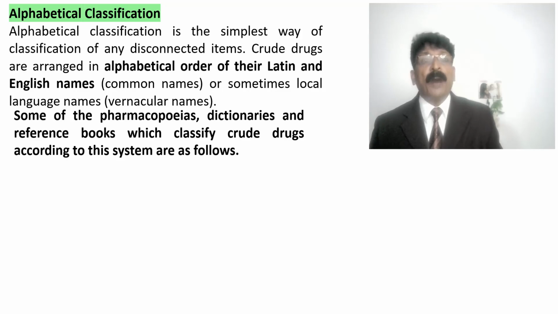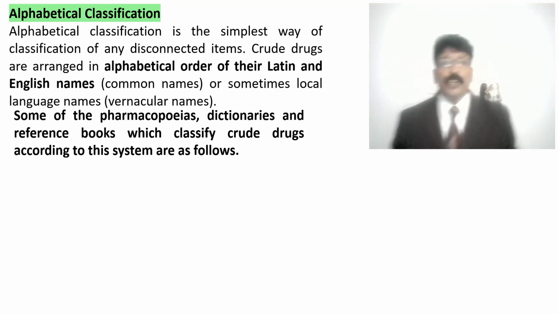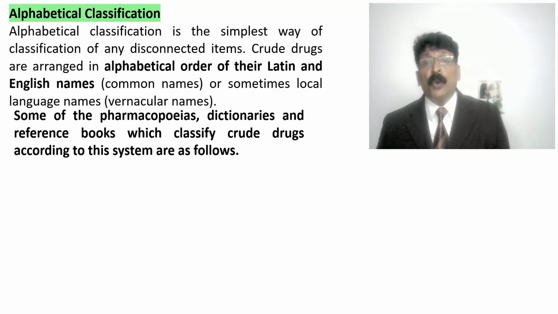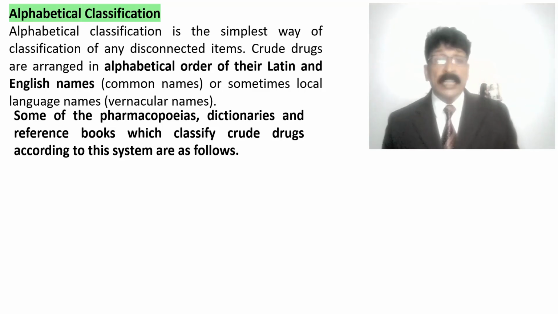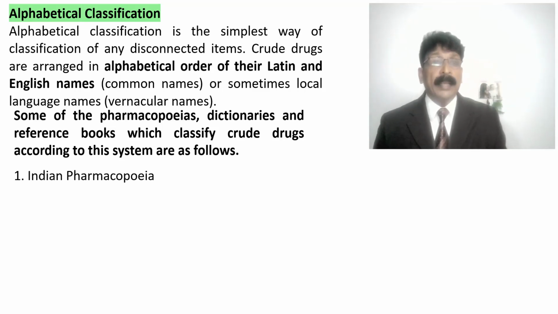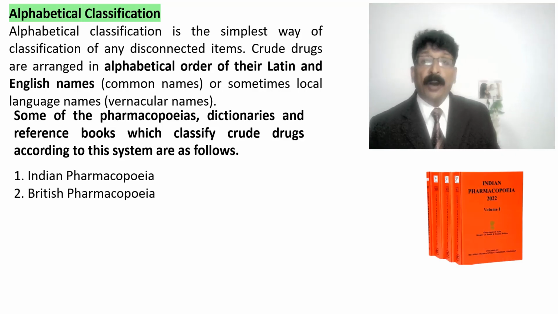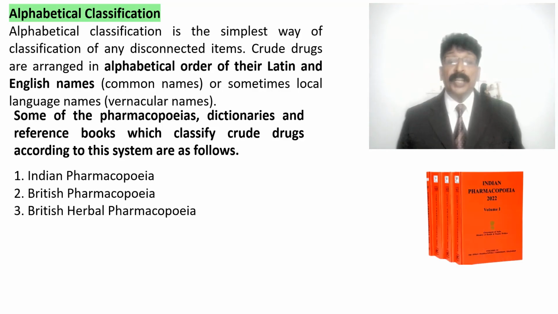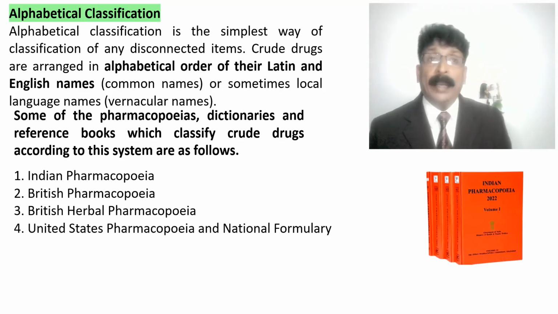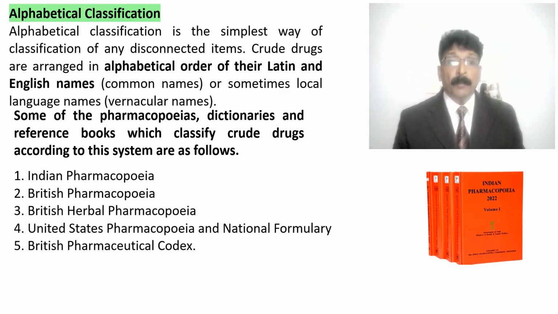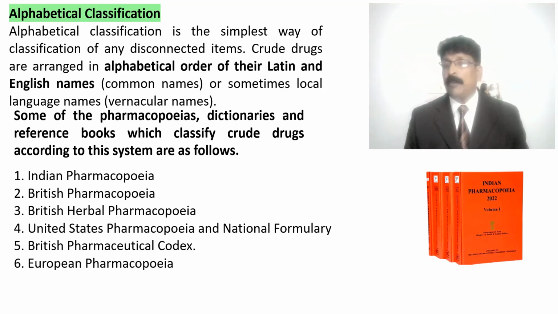Some of the pharmacopoeias, dictionaries, and reference books which classify crude drugs according to this system are as follows: Indian Pharmacopoeia, British Pharmacopoeia, British Herbal Pharmacopoeia, United States Pharmacopoeia and National Formulary, British Pharmaceutical Codex, European Pharmacopoeia.